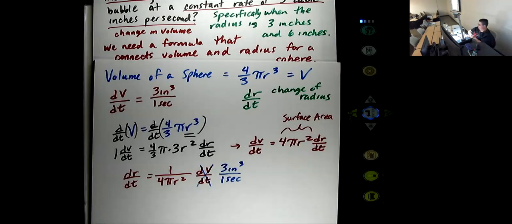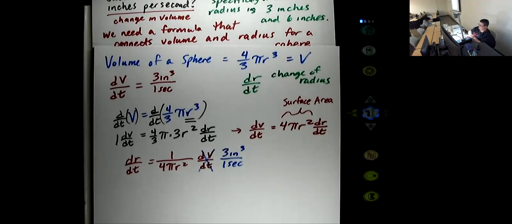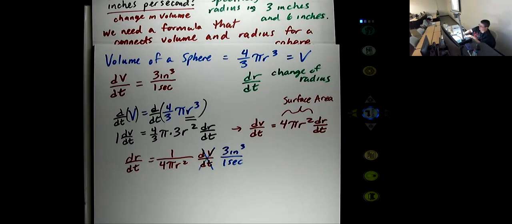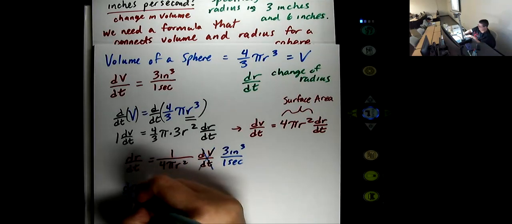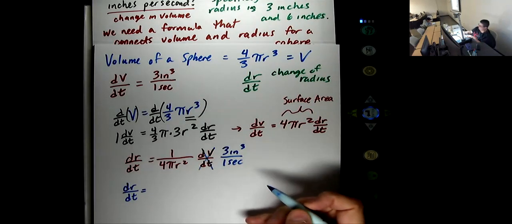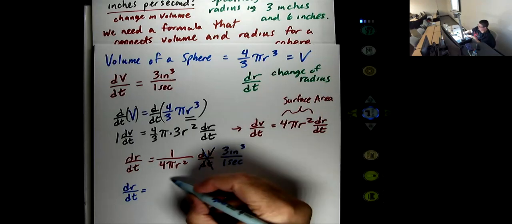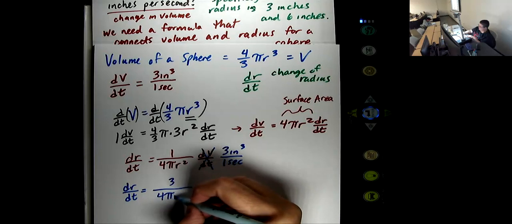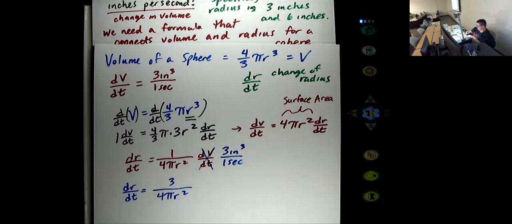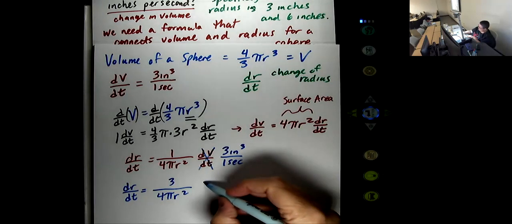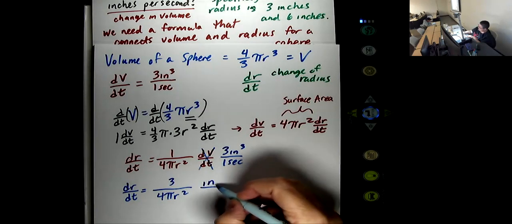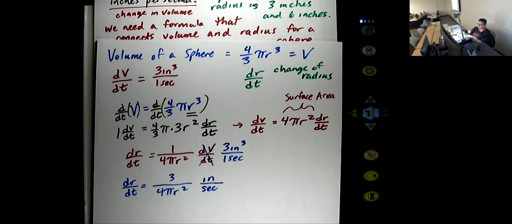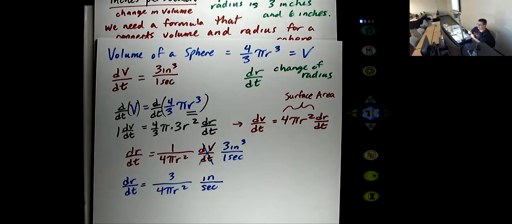So dr/dt for this soap bubble is 3 over 4 pi r squared, and we're going to end up in units of inches per second after we cancel the inches squared from the radius. So that's a general formula.